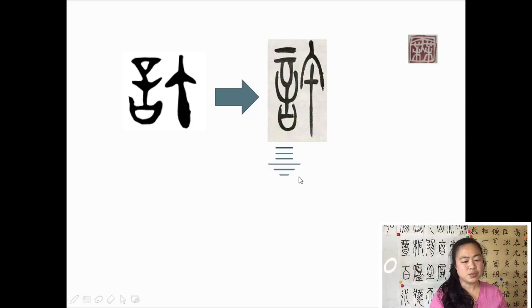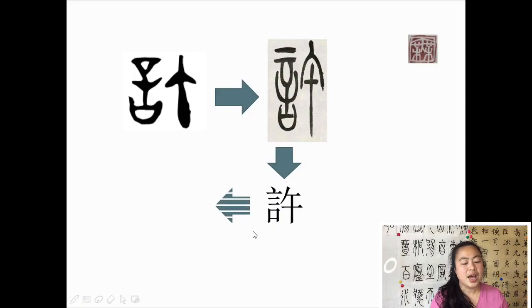Okay, now from this one, we have this one. So this is a traditional character. So you can see the structure and the appearance are nearly the same with this one, right? When we have the simplified character, we simplify the left part into this one.